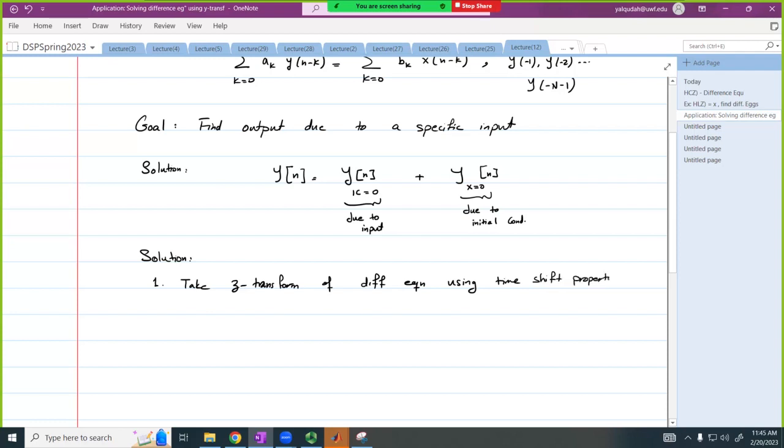Now I know we mentioned this property, we never used it, so we're going to use it to find the output of a difference equation. What this property says: if you have x of n minus n0, then the z transform for it is going to be z to the negative n0 multiplied by X of z plus the summation from m equal 1 to n0 of x of negative m z to the m.